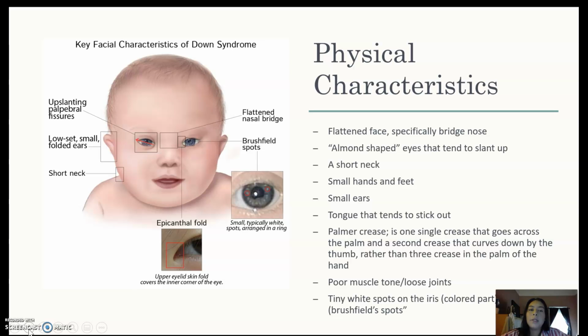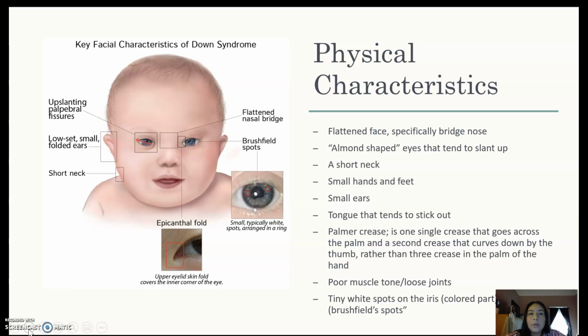Some physical and facial characteristics of a person with Down syndrome are a flattened face, specifically a flat bridge of the nose, almond-shaped eyes that tend to slant up, a short neck, small hands, small feet, small ears, a tongue that can tend to stick out, and a palmar crease, which is one single crease that goes across the palm and then a second crease that curves down by the thumb, rather than our normal 3 creases on the palm of our hand.